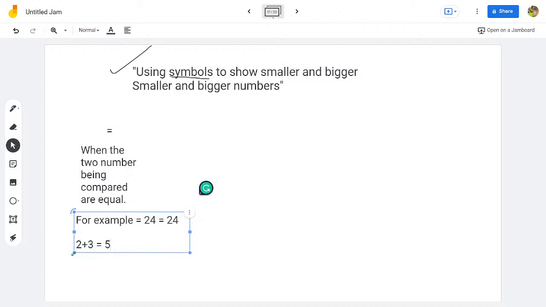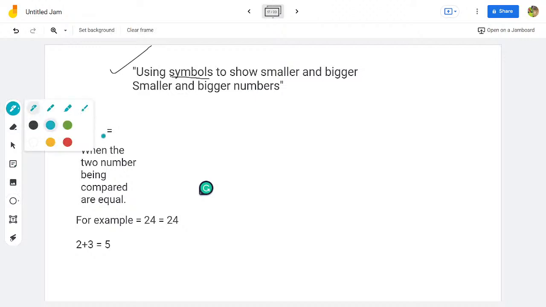So the left hand side, that is 2 plus 3 is 5, then the right hand side is also a 5. Both of them are equal. So we compare these numbers using this equal to symbol. So equal to symbol is very important. You must have seen it being used in maths a lot.